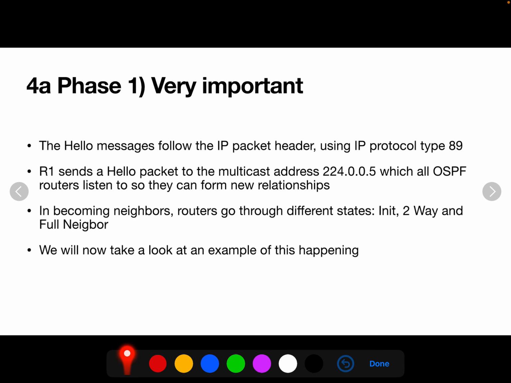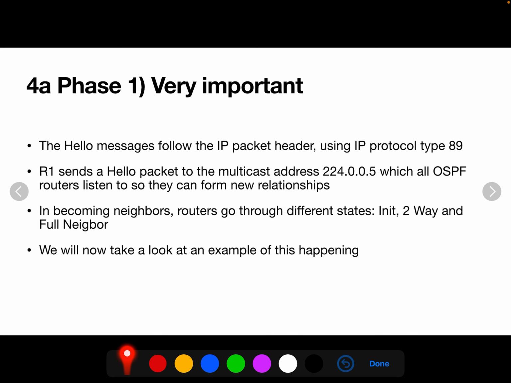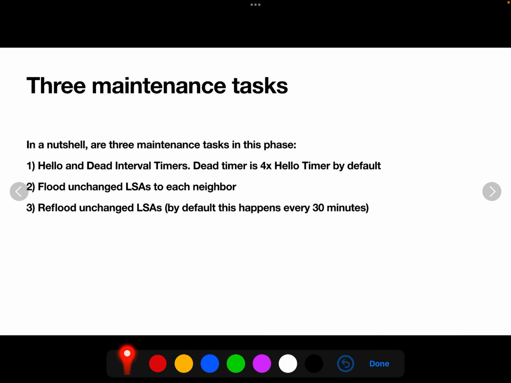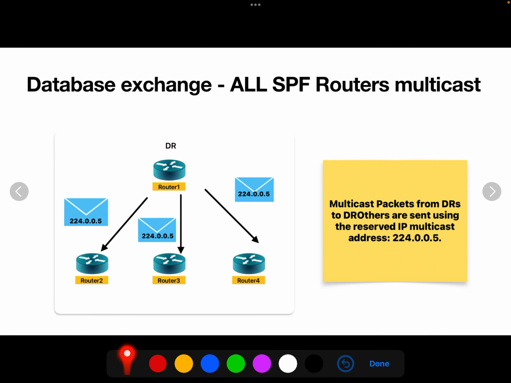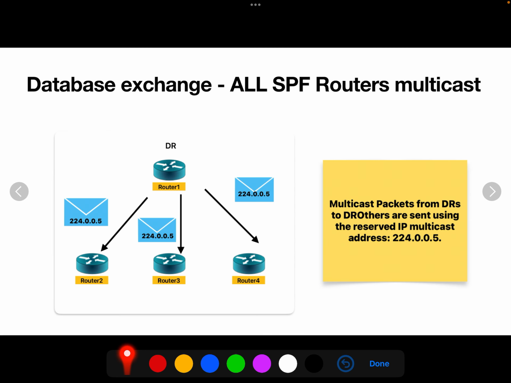If I was to give you an example, here, this is router 1. Now those routers here are listening for these messages that are sent to this IP address 224.0.0.5.